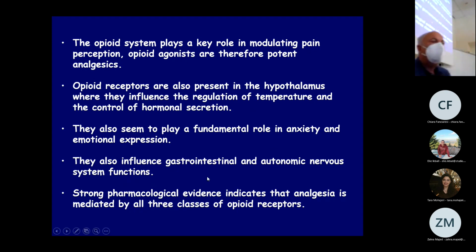Another important point is their activity on the gastrointestinal tract. Morphine derivatives are able to block the movements of the intestine. So in case of strong diarrhea, these compounds can be used, like for Montezuma's revenge.